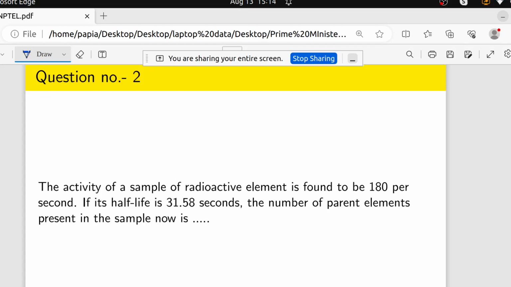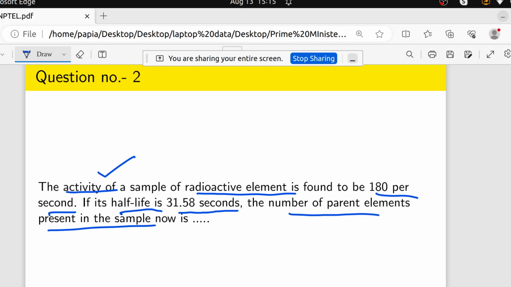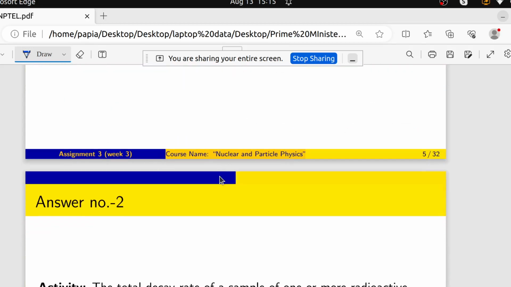As it is written here, the activity of a sample of a radioactive element is found to be 180 per second. They have given this information, and they have also given the information that the half-life of that element is 31.58 seconds. So the question is, how many parent elements are present in the sample? So what is activity here?